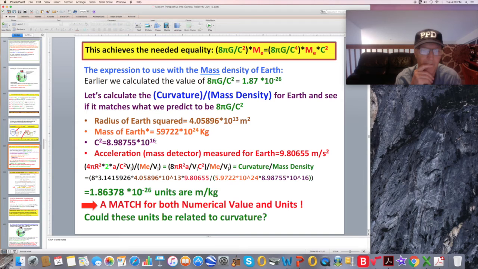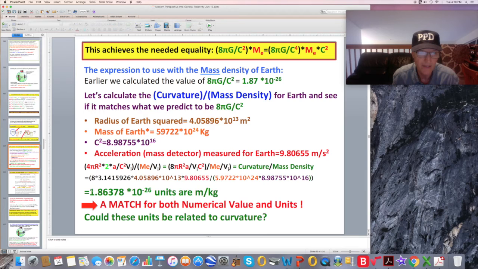Okay, and we're going to use the acceleration as the mass detector. We're going to use an ordinary stone, and we measured that as 9.81, give or take, meters per second squared. So we plugged those values into an expression that we used earlier, and I showed you what I extracted when I put it into Excel, the actual numbers.